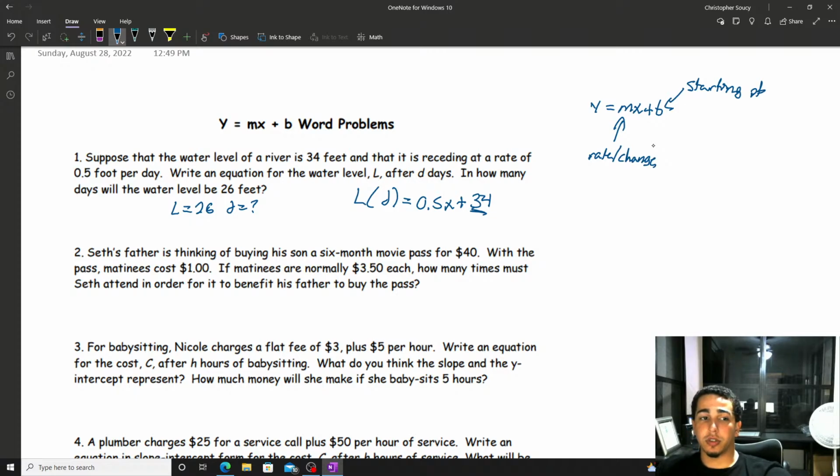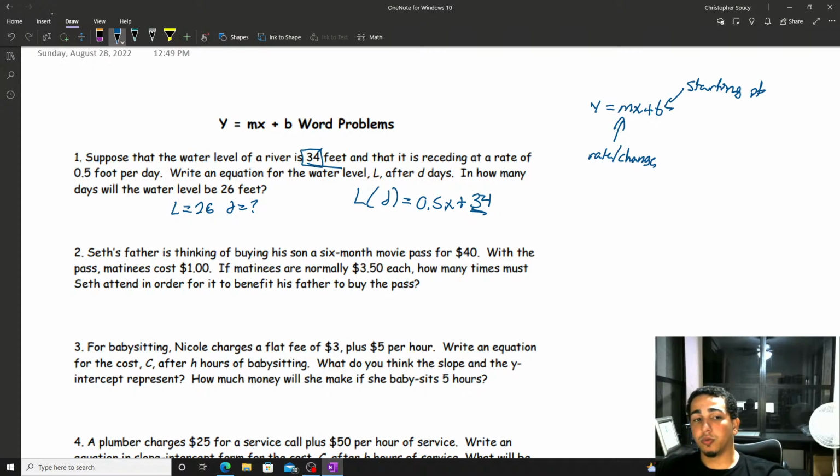So it says that the river's 34 feet. That's the starting water level for our situation. Then it says it is receding at a rate of half a foot per day. Since it's receding, this number of 34 feet is actually going down.